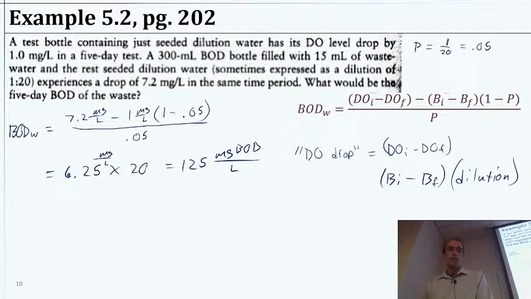Okay, does that make sense? Any issues? Right, so it's pretty straightforward, but there's a few pieces where you could get backwards. So worth studying DO versus B and all that.